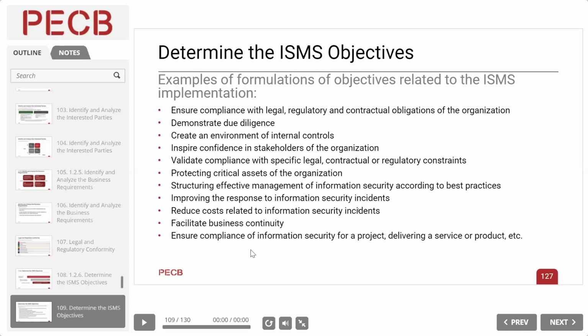Now, one of the reasons why a jail term might be imposed is that the court is not seeing any due diligence from the organization's side, that you haven't made any effort to put in any security measures. You haven't done any security, nothing.